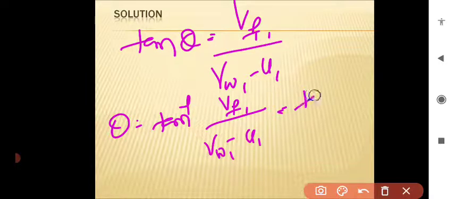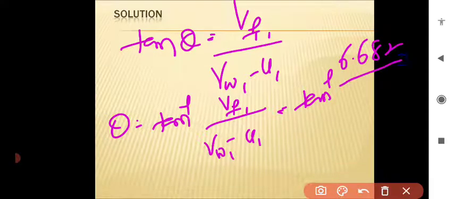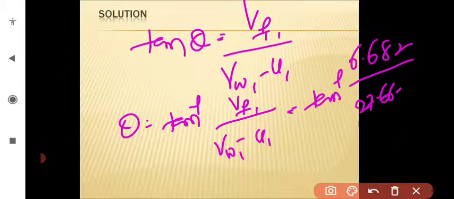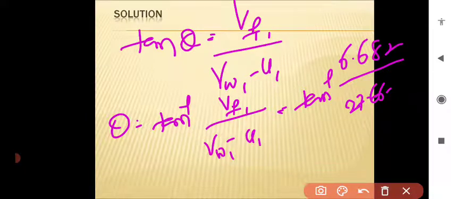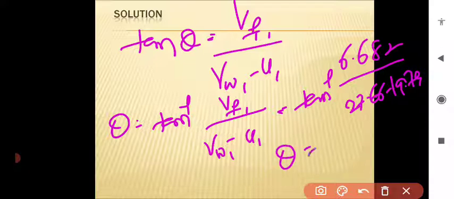So that is equal to tan inverse of VF1, which is 6.682, by VW1, which is 27.66, minus U1, which is 19.79. So theta is equal to 41.09 degrees. Okay, this is the theta value.